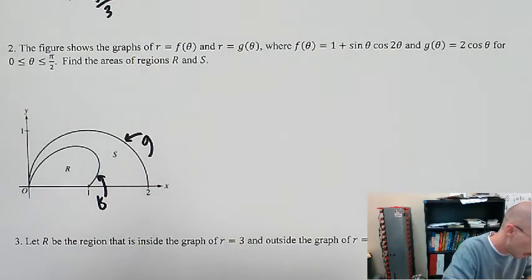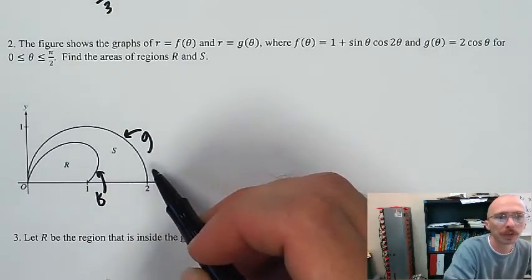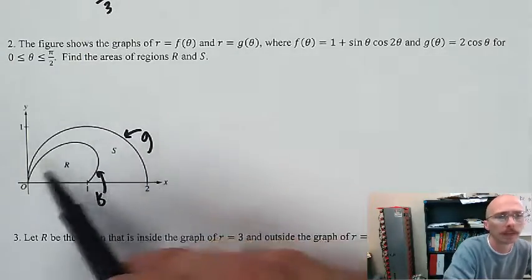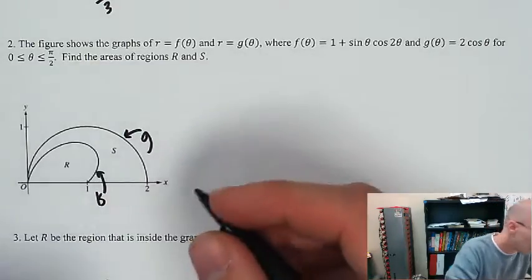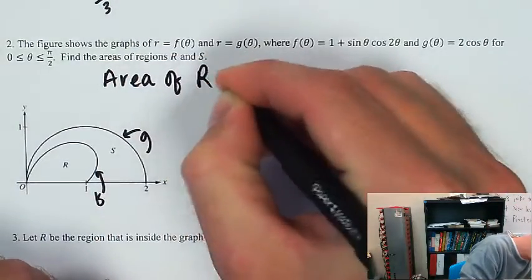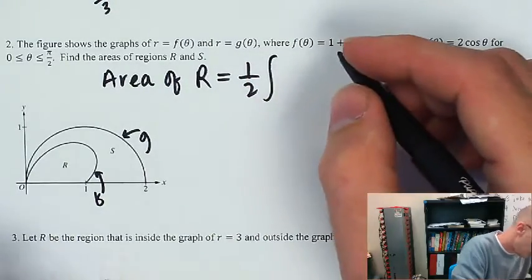All right. Well, we can find the area of region R just by integrating on f. I'm going to start with that, and then probably the area of region S, I'm going to be able to just take the whole circle and subtract the area of region R. So area of R, we know it's 1/2 of the integral of r squared.